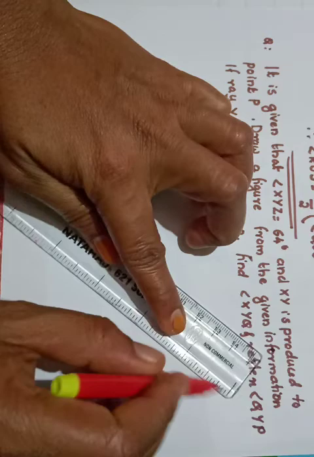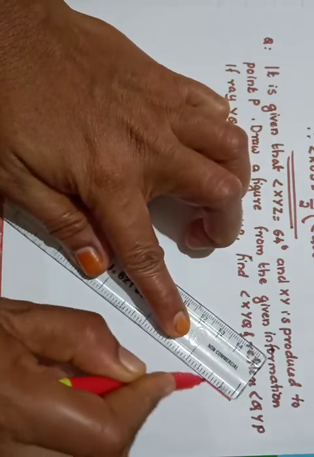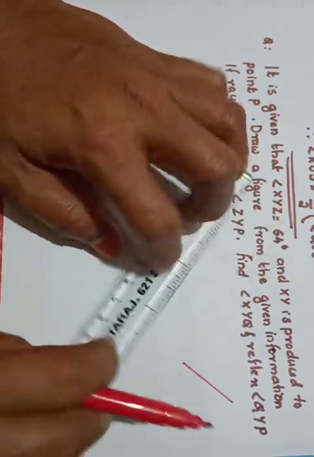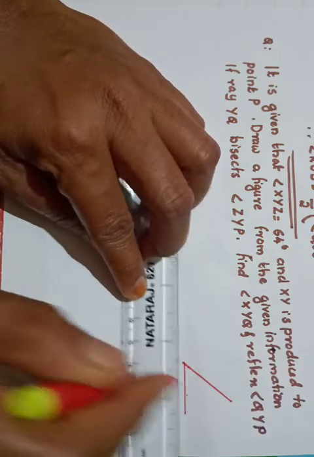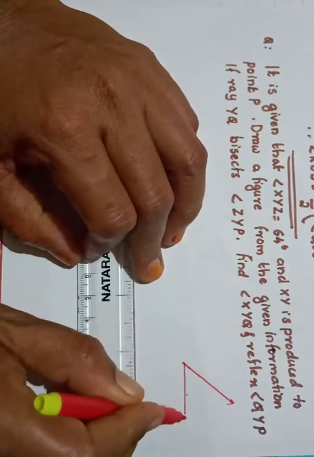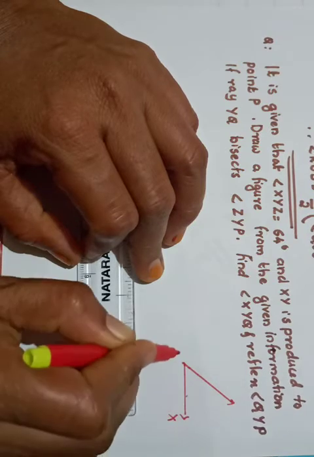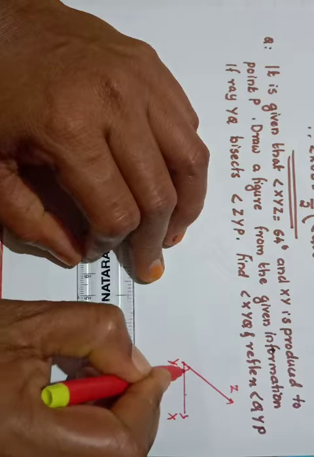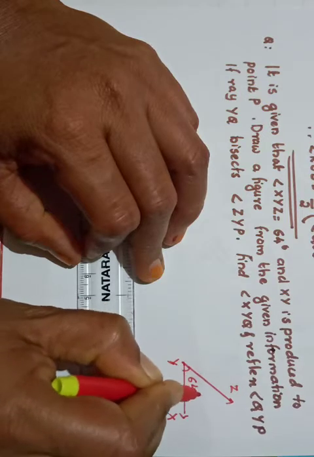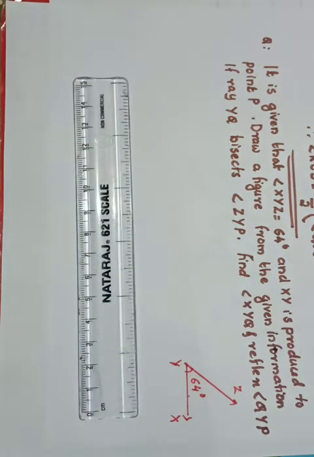So let us try to draw angle XYZ. So this is angle XYZ. It is given that its measure is 64 degrees.